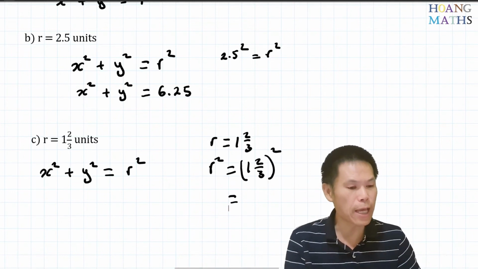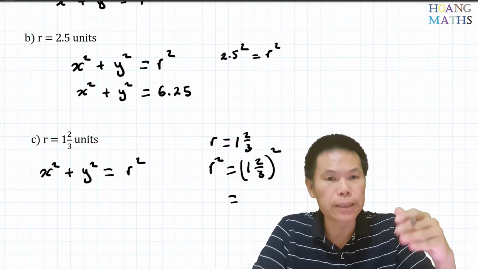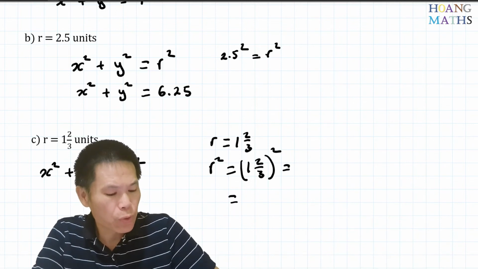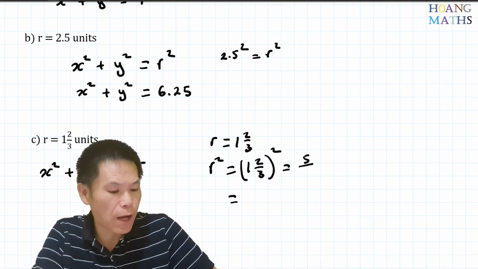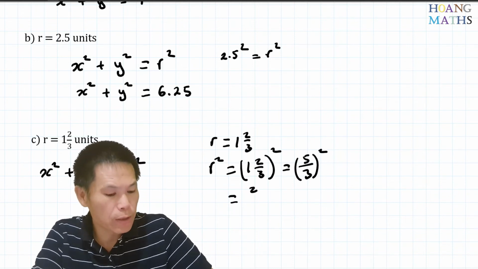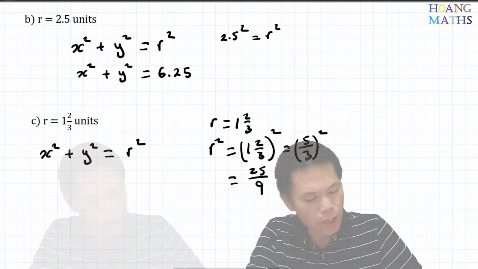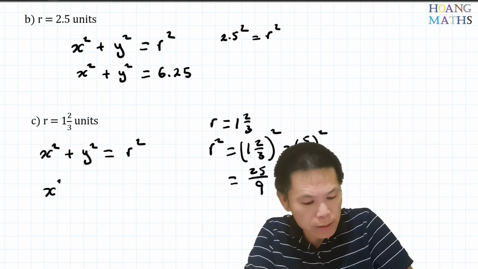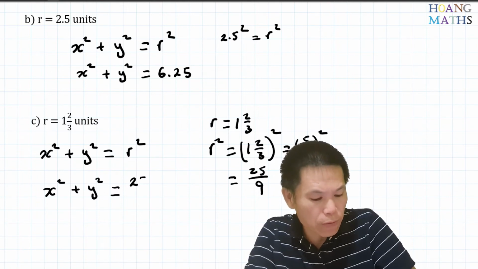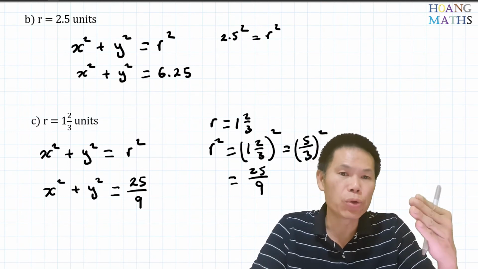Let me just work this out. Or you can convert to improper fractions and work out from there. So that becomes 3 times 1 is 3, add 2 is 5. 5 over 3 squared will give me 25 over 9. So you can write it like that, okay? So therefore, x squared plus y squared is equal to 25 over 9. Or you can write it in mixed numeral if you like.